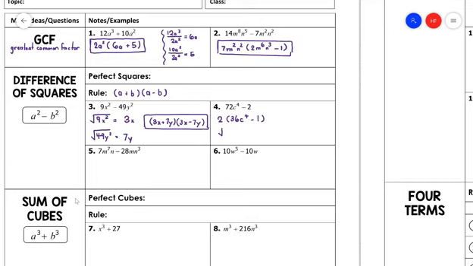So I'm going to take the square root of 36c to the 4th, and that gives me 6 and c squared.